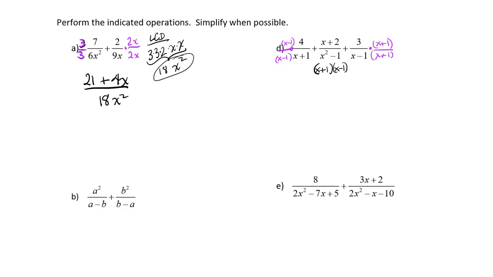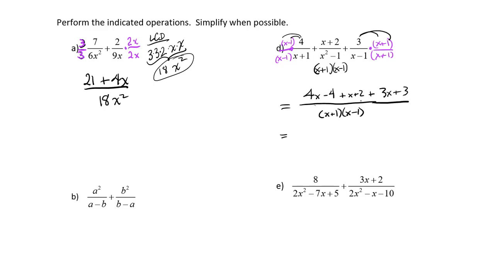Now that we have all matching denominators, we can rewrite this as x plus 1 times x minus 1 in the denominator. In the numerator, we're going to have to distribute the coefficient, the number in front, 4, to each term inside the binomials. So we would have a 4x minus 4 plus x plus 2 plus, and now I'm going to distribute that 3 to the binomial, so plus 3x plus 3.